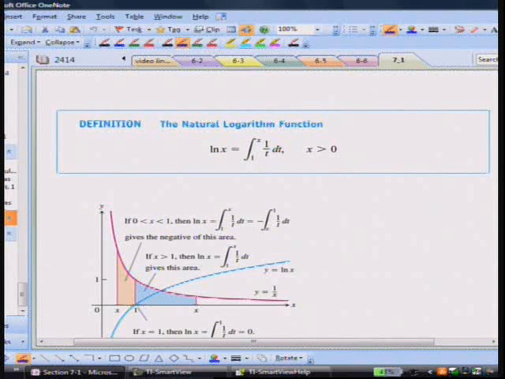But in a rigorous calculus approach, what they actually do is they define the logarithm as the integral from 1 to x of the function 1 over t dt. That's the ln of x. And so when x is positive, it's really talking about the area under the curve 1 over x between 1 and whatever the x is. The reason they have the t here is because it's your dummy variable. It wouldn't make sense to have an x here as well.